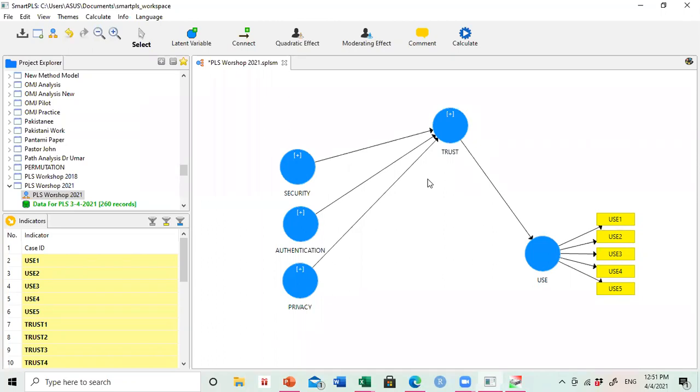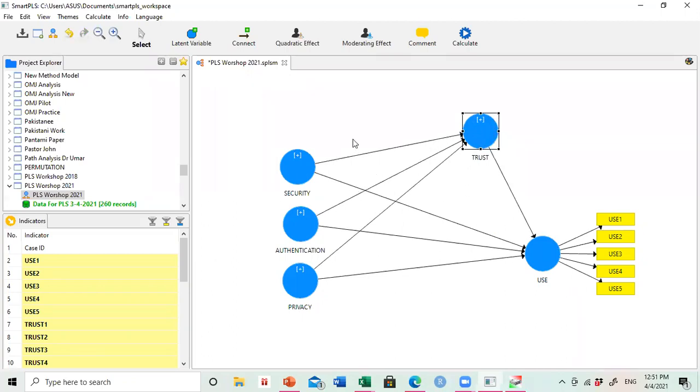If you want to test only the direct relationships between IV to mediator and mediator to DV, you are doing segmentation. If you want to test all the relationships between IV and DV, IV and mediator, and mediator to DV, that's when you're doing the causal step approach.